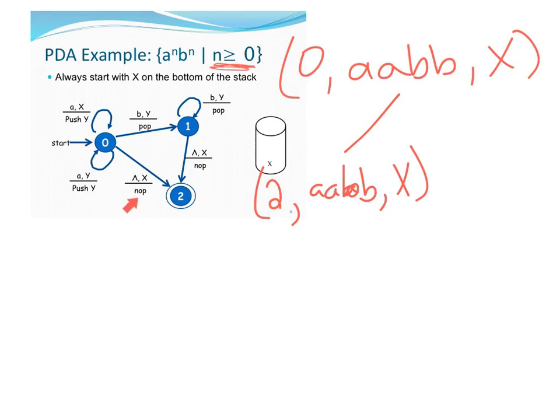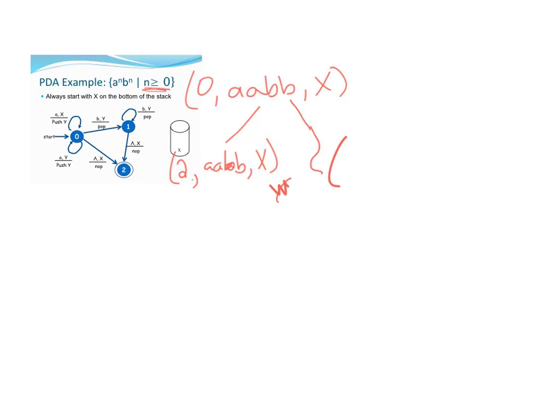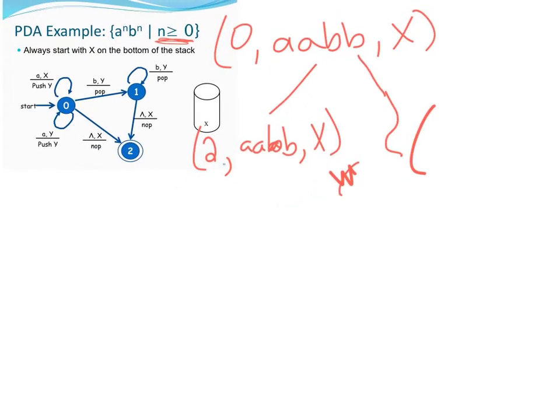The other option is we take this one, stay at state 0, and push a Y. In that case, we will be at state 0 still. We'll have shrunk our string, since the first A is used up. And our stack will now have a Y at the front of it.